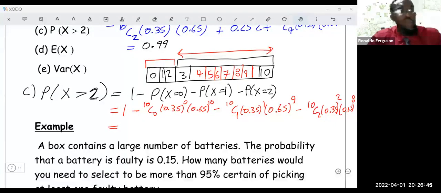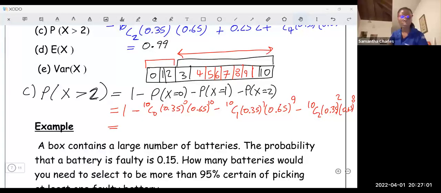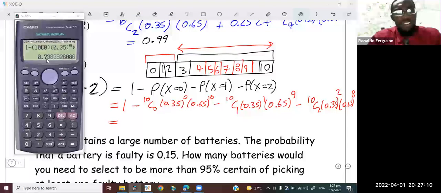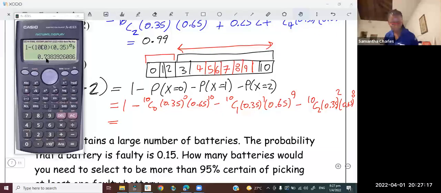Add that to 1 now. 0.602. All right, something is off there, because this is what I'm getting: 0.7374. Something is off.